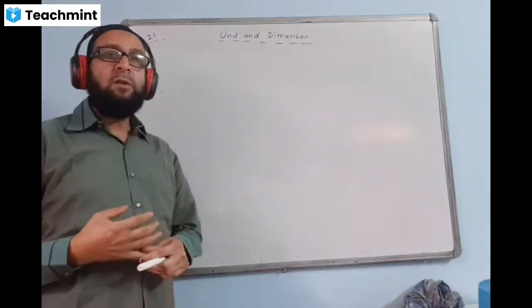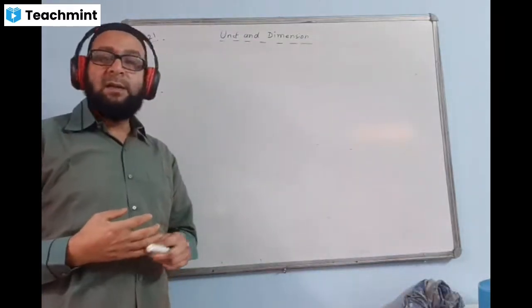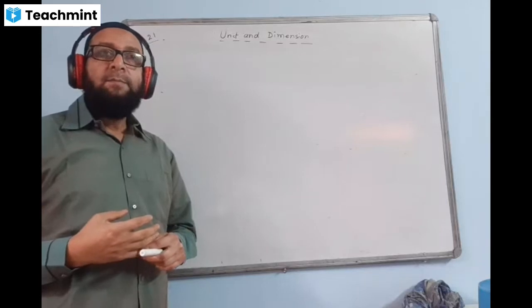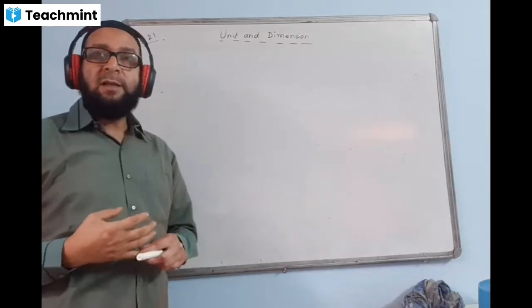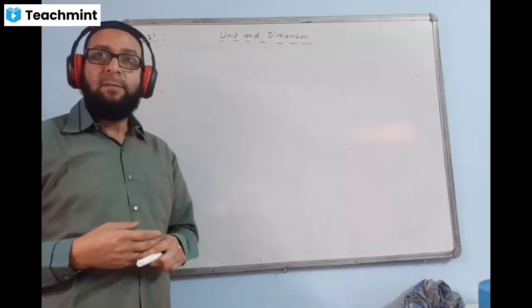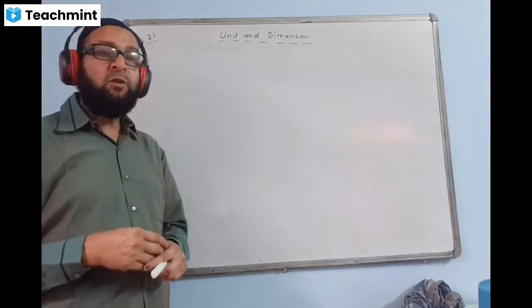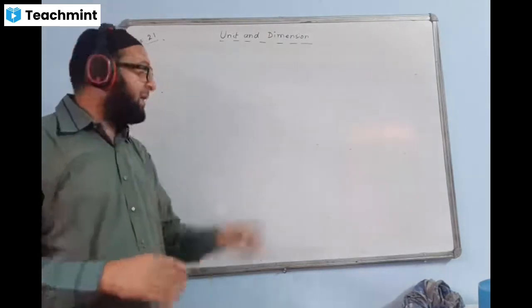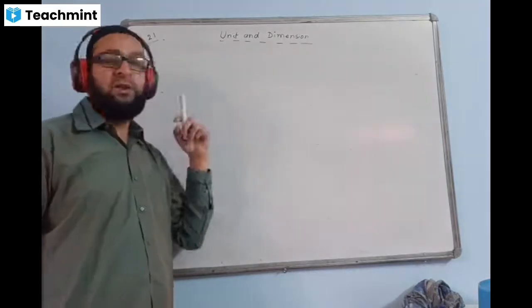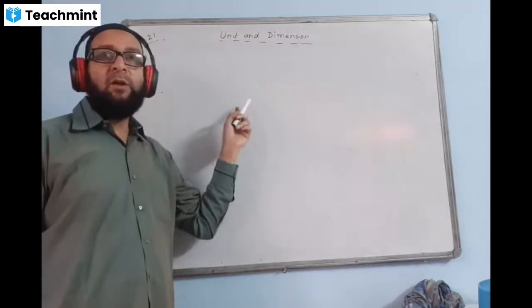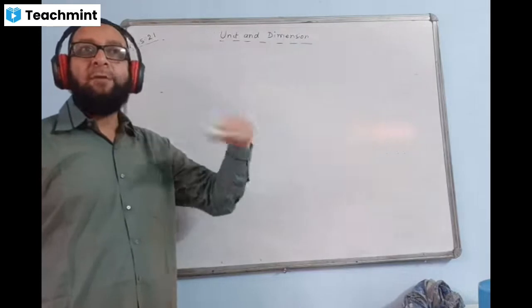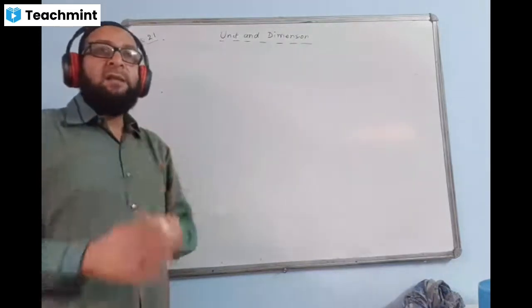Just listen now. Trigonometrical quantities like sine, cos, tan will have no dimension. Why? Because they are pure ratios. They represent the ratio of two sides. Like the sine formula: perpendicular by hypotenuse. Perpendicular is a length, hypotenuse is also a length, so they cancel each other as a whole.